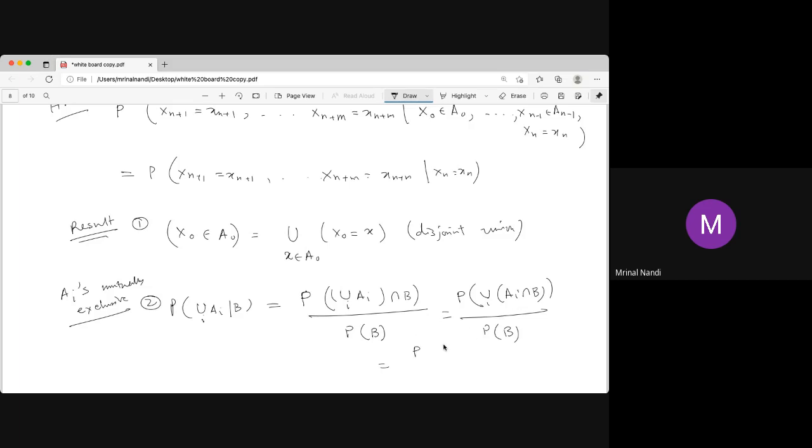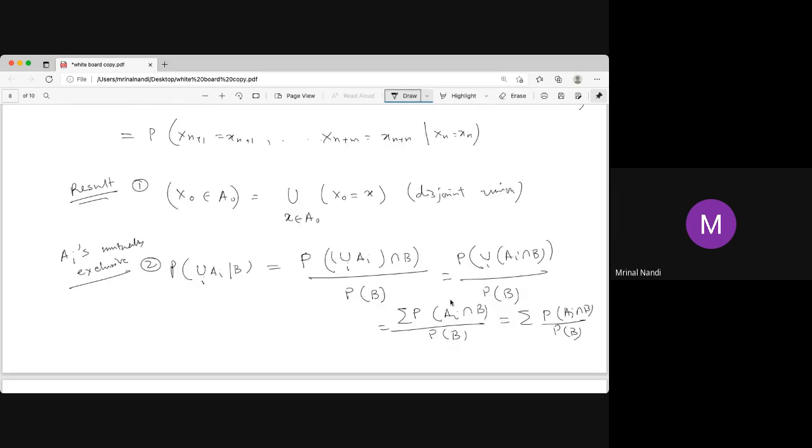We saw it in Bayes' theorem. So we will get the sum over probability of ai intersection b by probability of b. That means this is the sum over probability of ai given b.